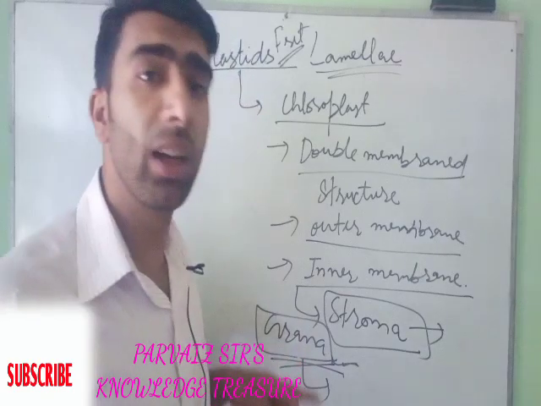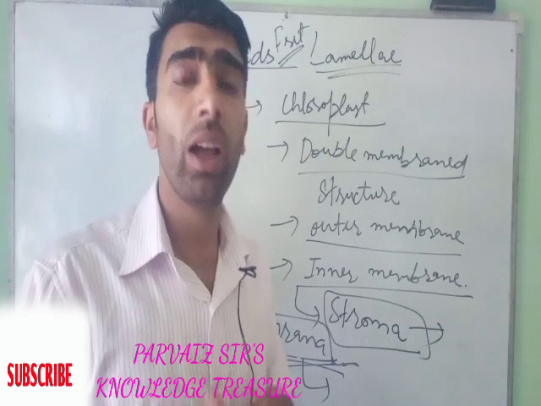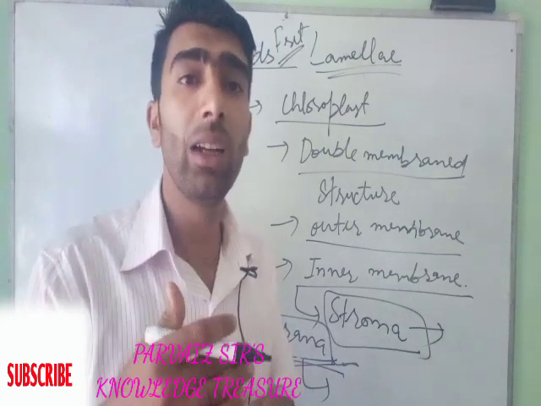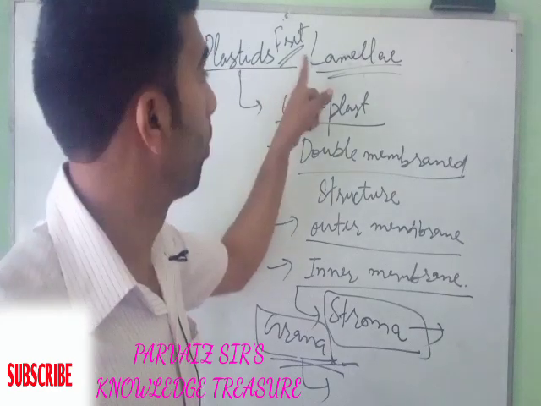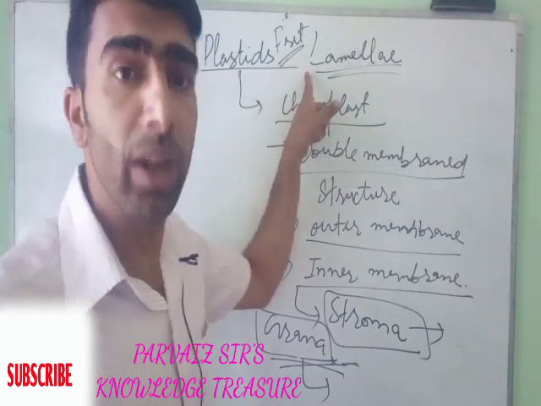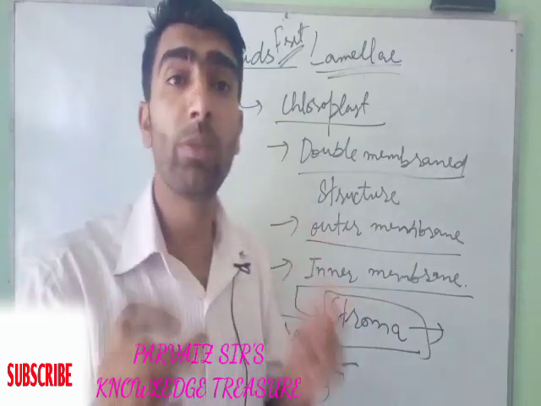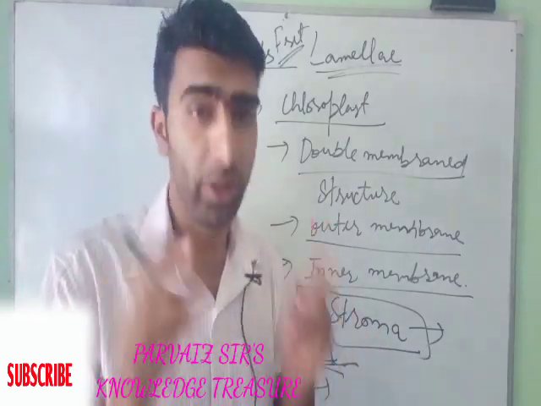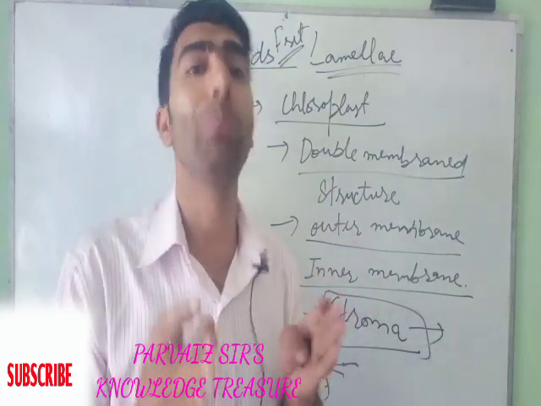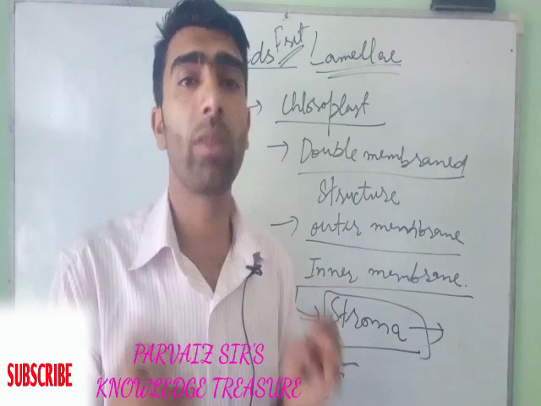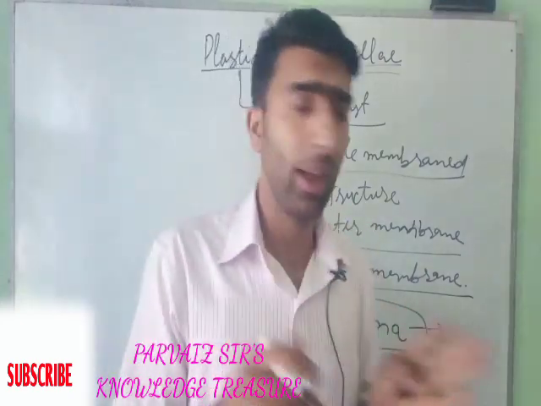And in these grana, which are made up of thylakoids, are present the chlorophylls. Chlorophyll pigment is present in the thylakoids, and we all know chlorophyll is very important for the manufacture of food by photosynthesis.